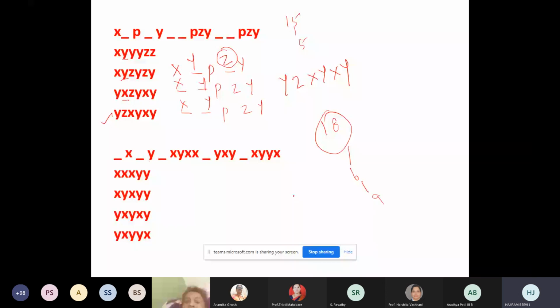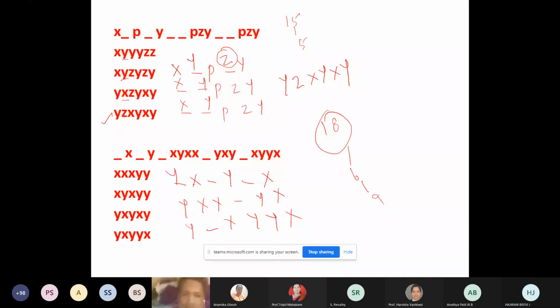First we take 6 letters: hyphen X hyphen Y hyphen X, then Y X X hyphen Y X, then Y hyphen X Y Y X. In the other two places where there is Y, here Y. In the other two places where there is X, here X. In the third letter, for the other position we have X, so here also X. So here Y, here Y. So the answer is YXY, YX. This is the right answer.